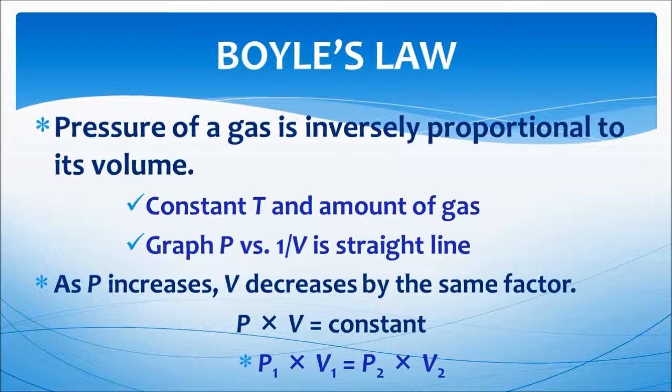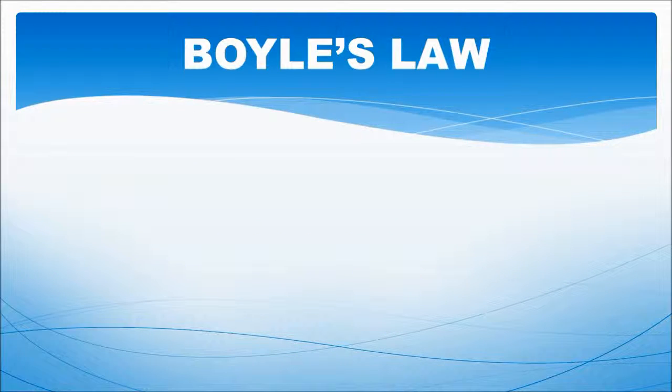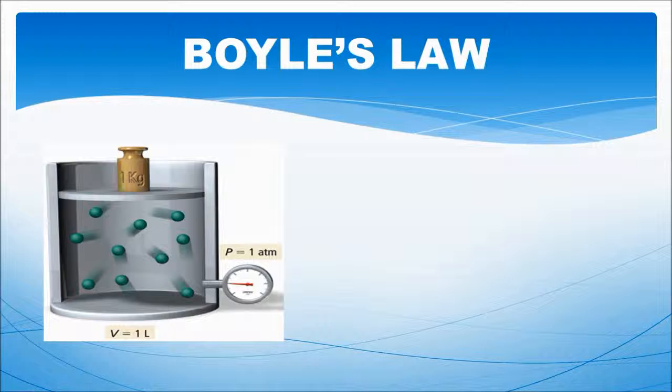What this means is, if you are in a closed system at a certain pressure and a certain volume, and you change either of these, then the new pressure multiplied by the new volume should be the same as the old pressure multiplied by the old volume. Imagine a closed system with a volume of gas equal to 1 liter and a pressure equal to 1 atmosphere.